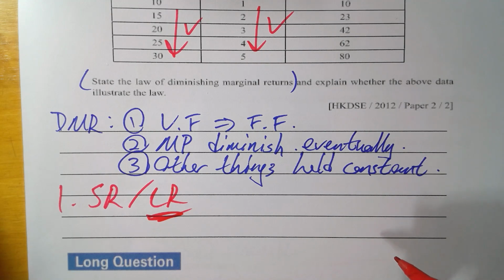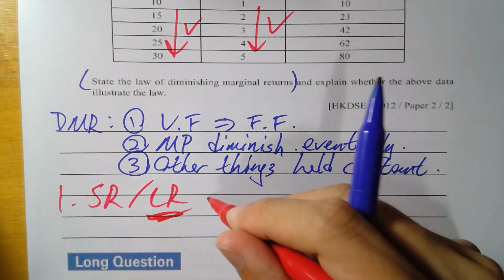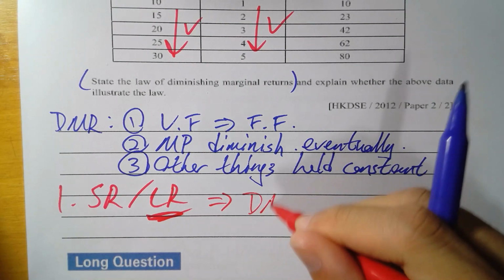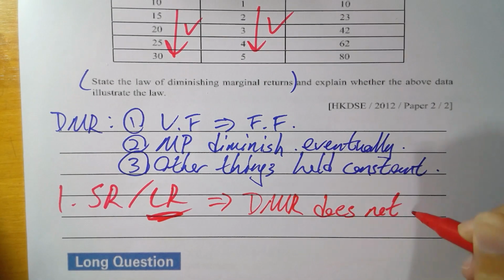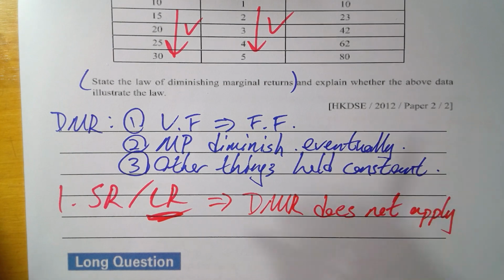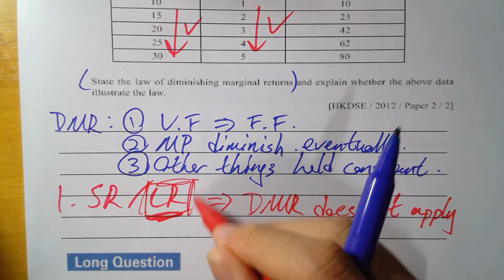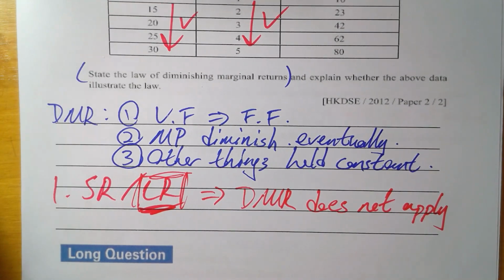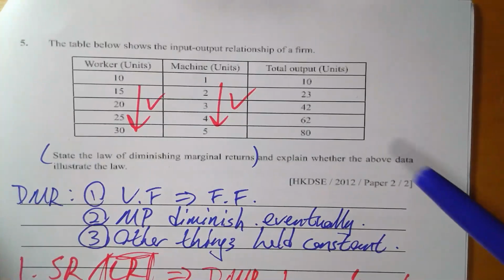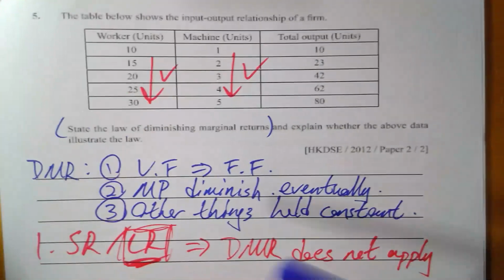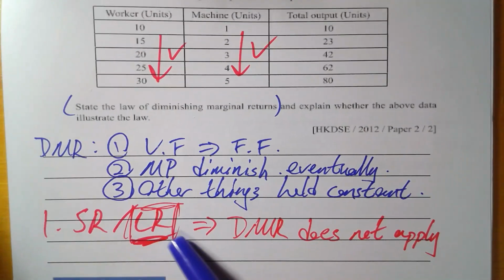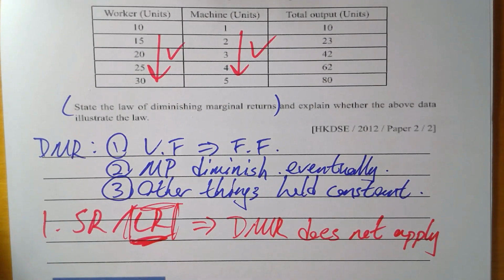When this is a long run, we already have the answer: DMR does not apply, because this is a long run case. Don't bother with the calculation. They try to trick you. No, it does not apply because it's a long run.